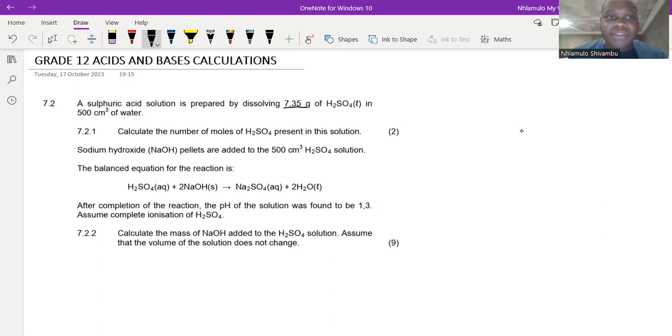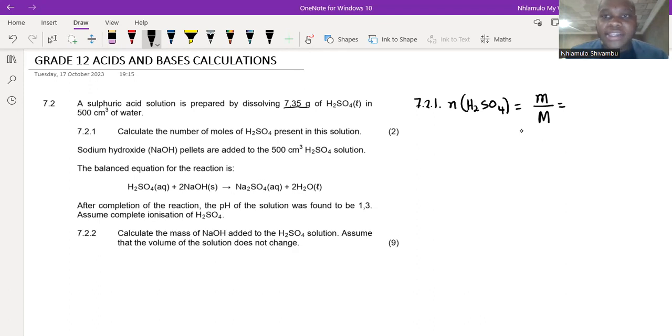The number of moles of sulfuric acid will be the mass over the molar mass. We chose this formula because of the information that we're given. We took advantage of the fact that we're given the mass.